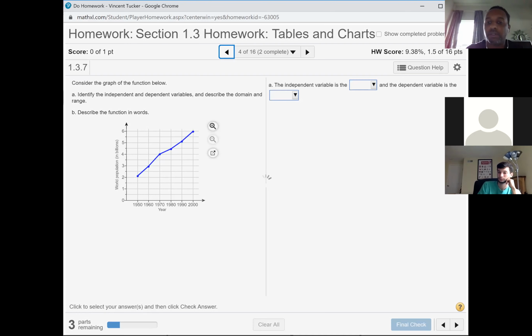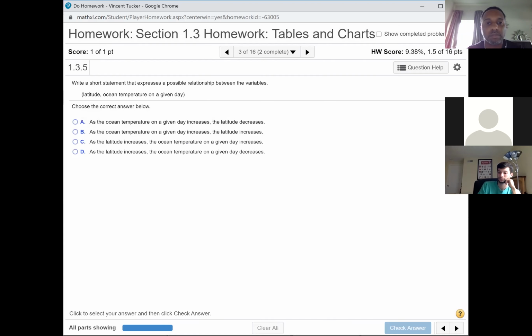All right, so before I go there, the same one. This one says latitude and then the ocean temperature on a given day. So the first two are eliminated because what we're looking at first is as the latitude does something. So A and B wouldn't be an option for us.